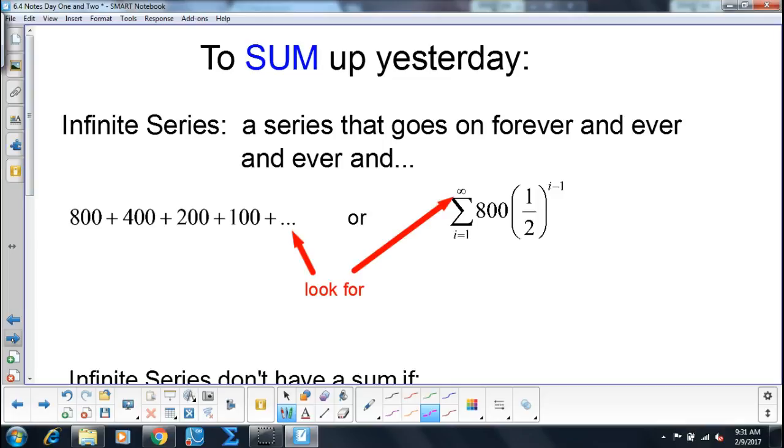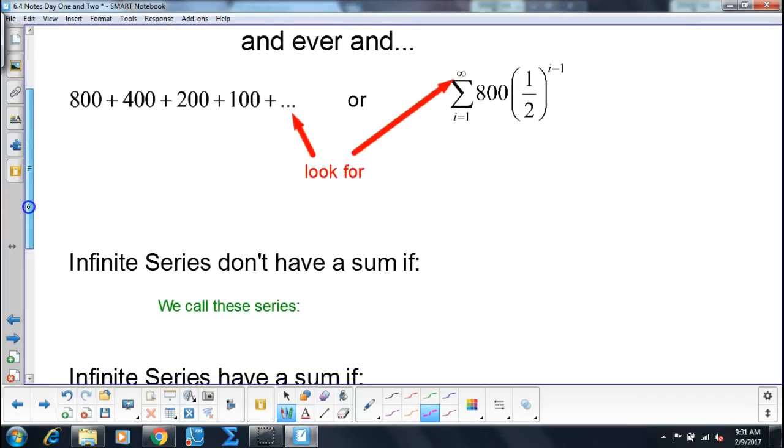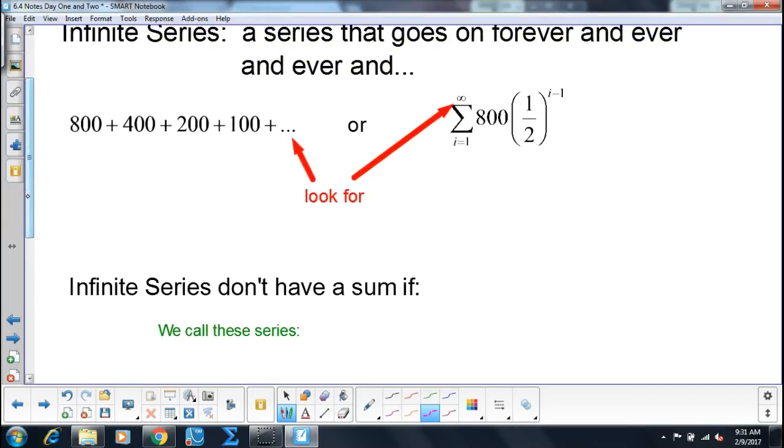Okay? Infinite series don't have a sum if what? From yesterday. When does an infinite series not have a sum? If the numerator is higher than the denominator. Well, it's greater than the denominator. Greater than 1. What are we talking about?